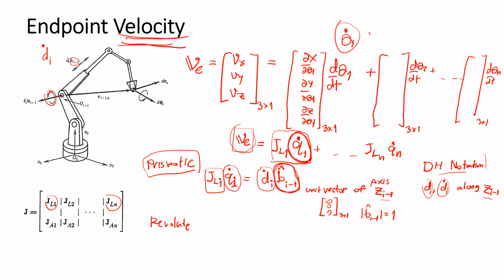Omega vector of joint i has the magnitude theta dot of joint i, multiplied by the unit vector that indicates the direction of that joint, and the unit vector points along the z axis.